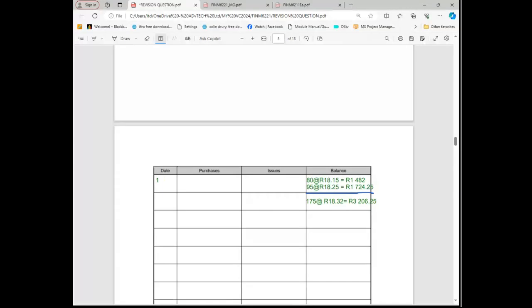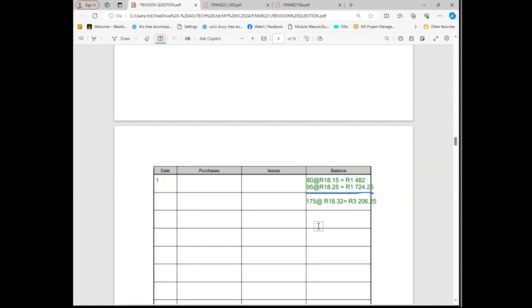Tell me that you understand how to find this average, because this average is very important. If you've got stock on hand, two stocks with different prices, you must always find the average.